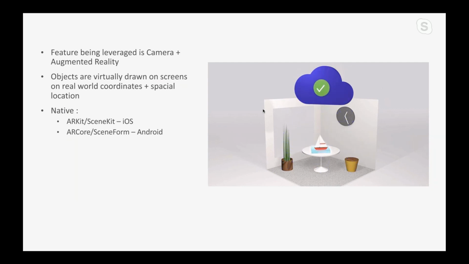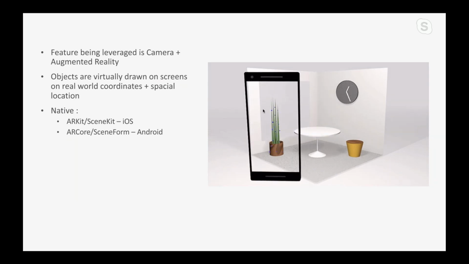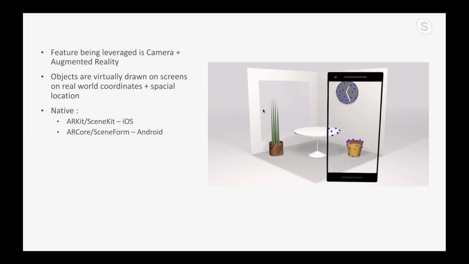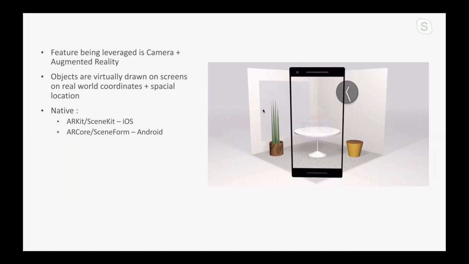Essentially, in very simple layman terms, in augmented reality, every view frame that your camera provides to you is your canvas, and you'll be virtually drawing objects on it within this special coordinate system which is relative to your spatial location.